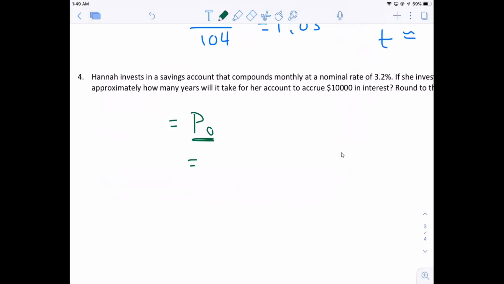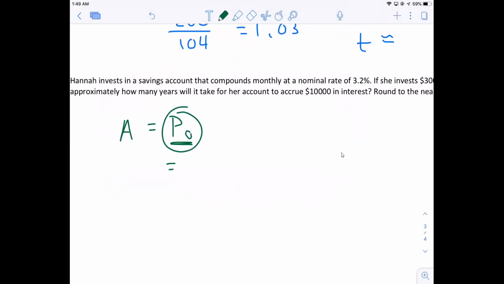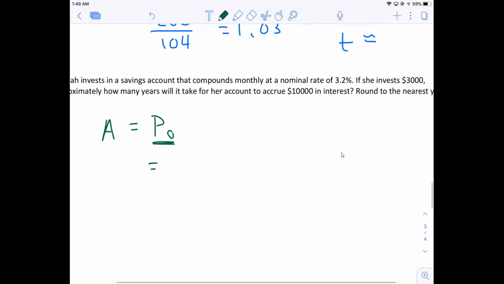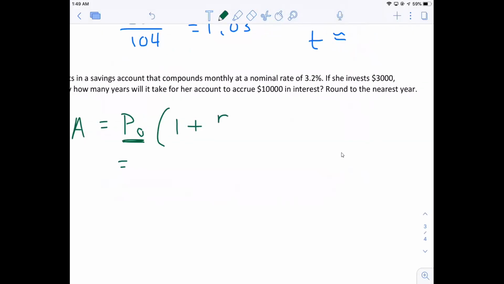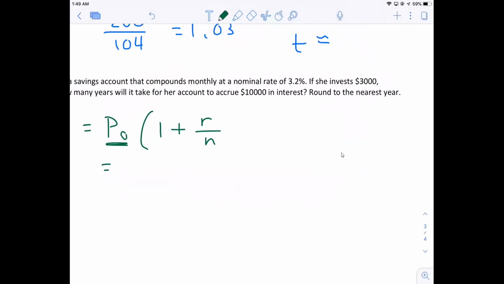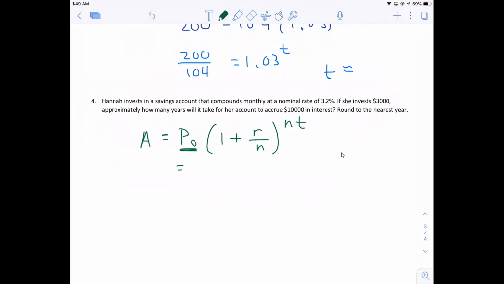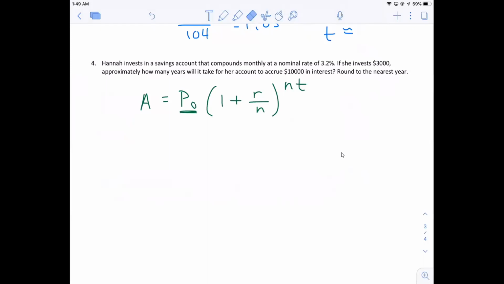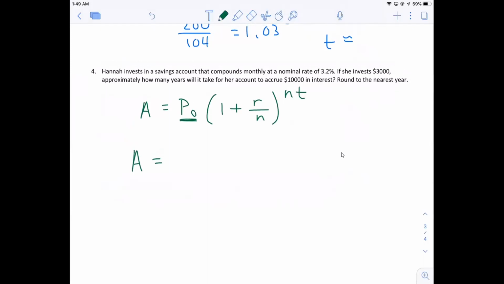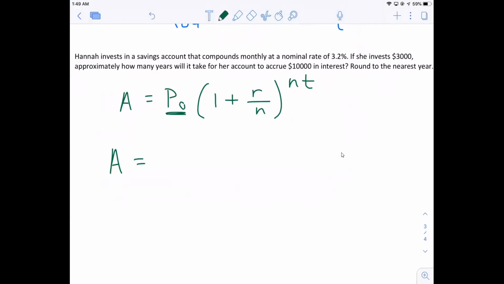It doesn't really matter what letters you use, but your final amount is going to equal your initial principal, the amount you put in, times 1 plus your rate over your compounding frequency, which in this case will be 12, to the n-t power. All right, so if you guys forgot compounding by some time period, there it is.